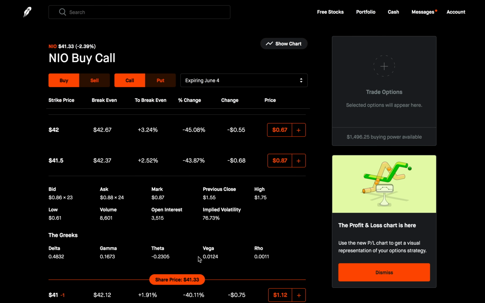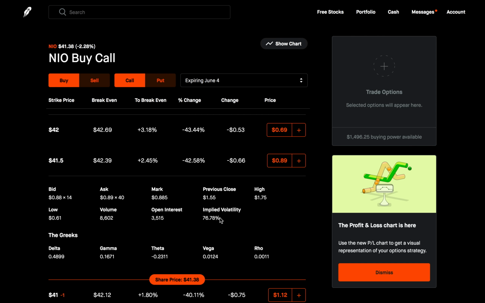So let me quickly talk about how this works. So this is connected very closely to implied volatility. Anytime IV goes up by 1%, the premium on this option will go up by whatever Vega is. So if IV increases by 1% right now, this will go up by 0.0124, and that would be the new premium of this option.